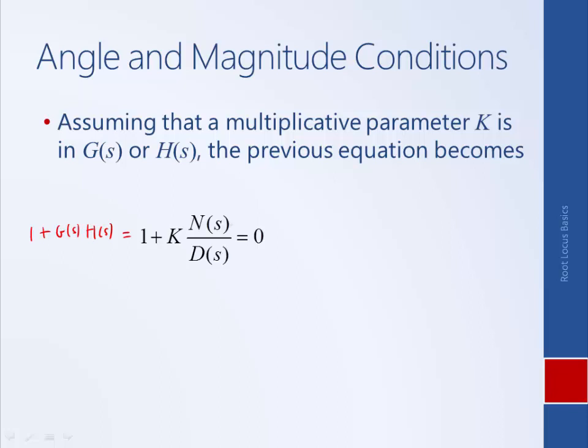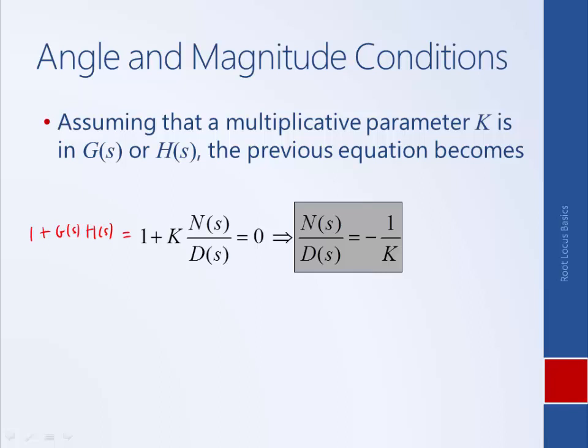So this is the numerator of G times H, and this is the denominator of G times H with a k pulled out. And if we rearrange this, subtract the 1 to the other side, divide through by k, we get that in essence the open loop transfer function must equal minus 1 over k. This relationship is going to become the basis for the root locus procedure.